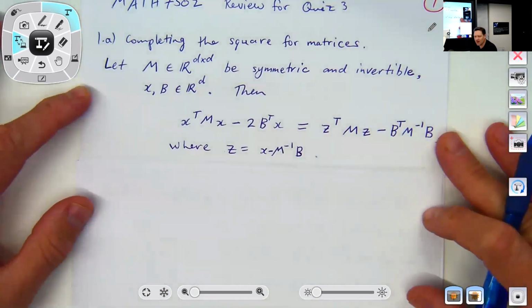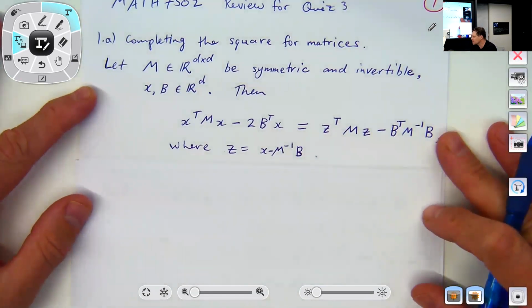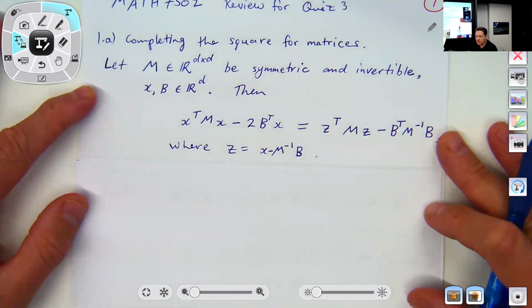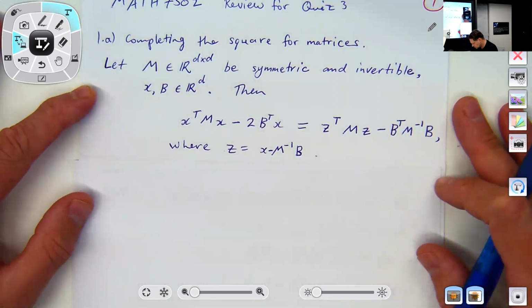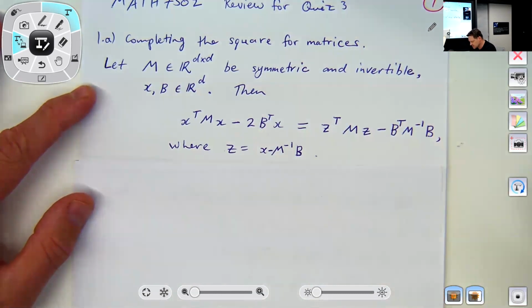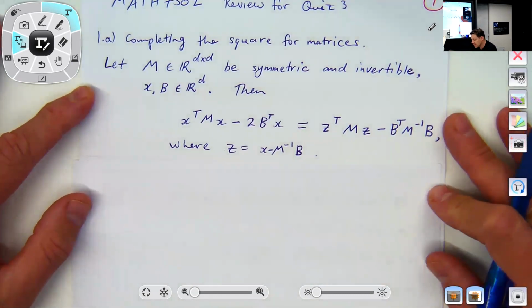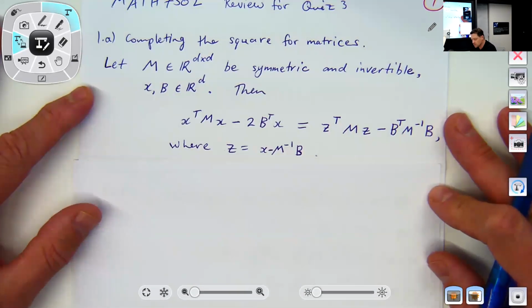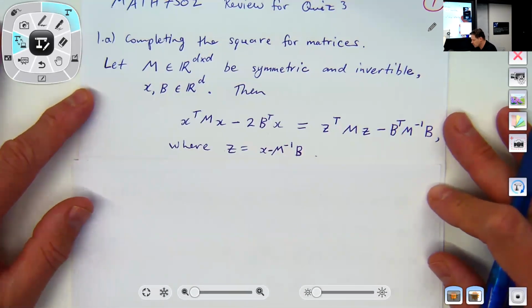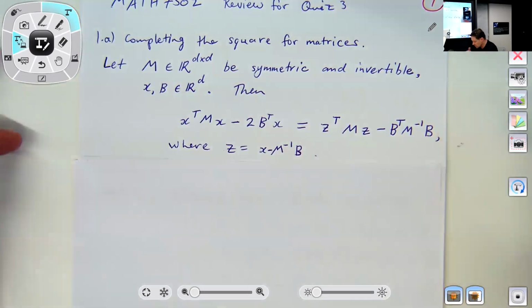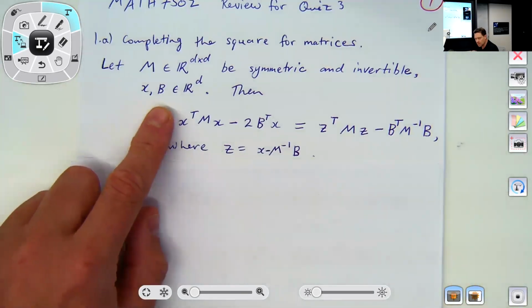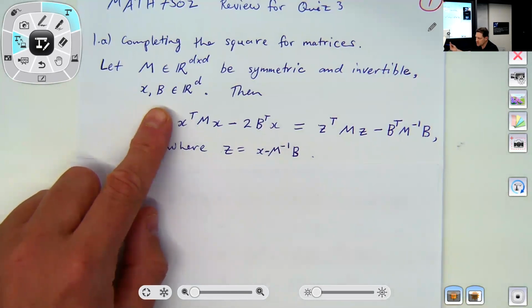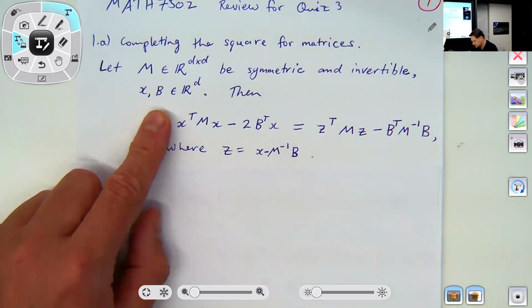All right, so I'm sure you know how to complete the square for a one variable quadratic function. This is on matrices. First we've got a D by D matrix M with real entries, and we're going to assume that it's symmetric and invertible. And we've got an X and a B. I put B as uppercase because there's another B in a subsequent question that I don't want to confuse with this one.